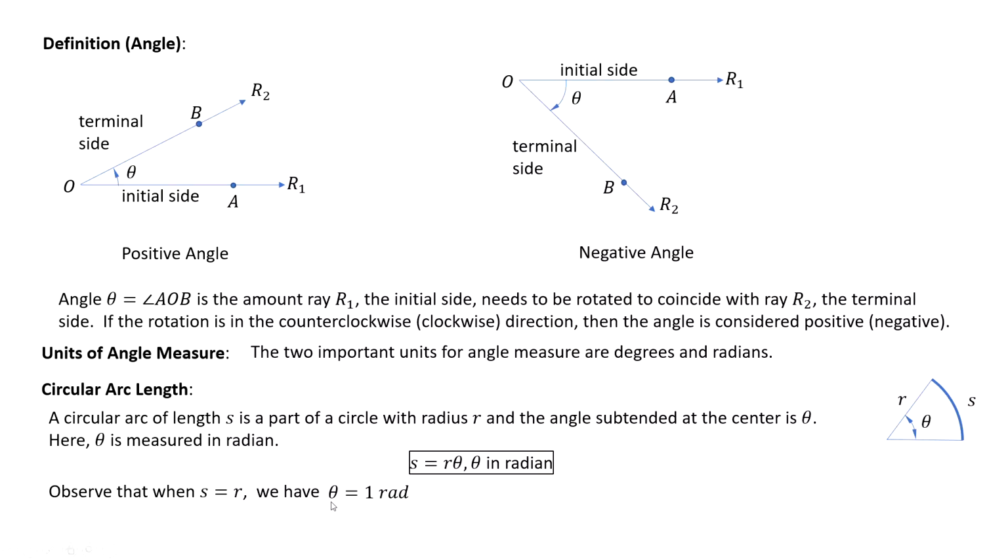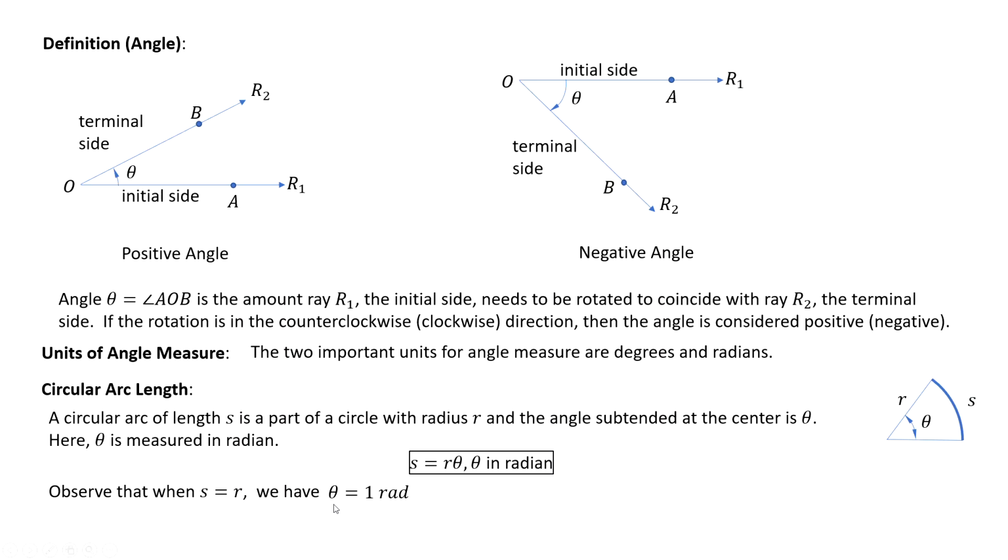So that means theta would be 1 radian when S is equal to R. Now, can you use this information to define what a radian is? When S is equal to R, theta equals 1. The other way around is also true. When theta equals 1 radian, S will equal R.